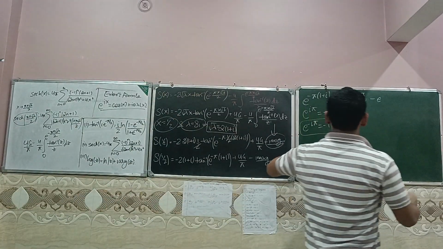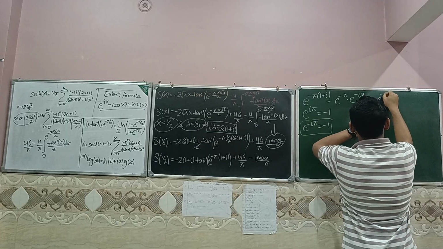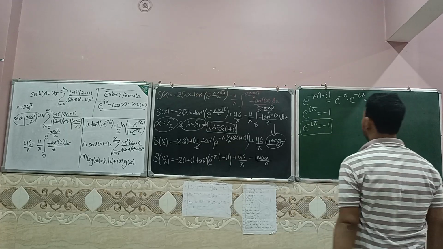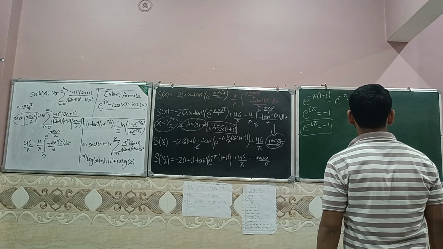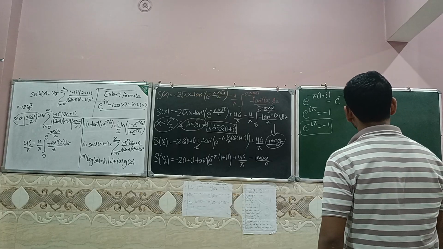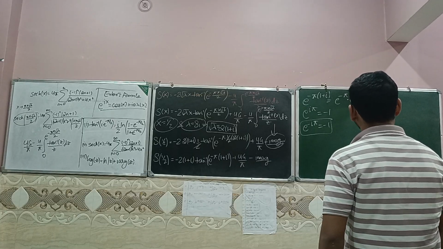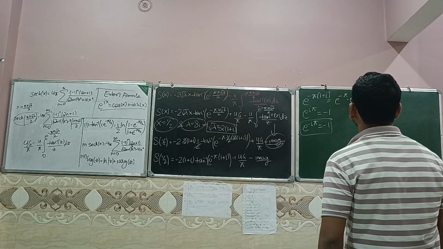So this becomes minus of e to the minus pi. Okay. And now how are we going to do that? E to the pi. Am I doing everything correctly, you guys?